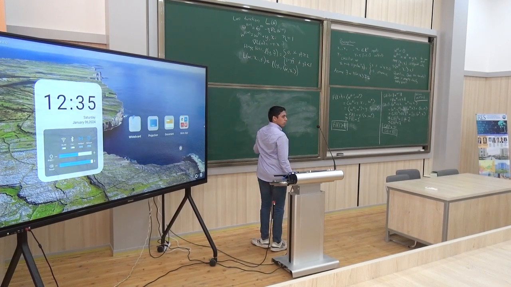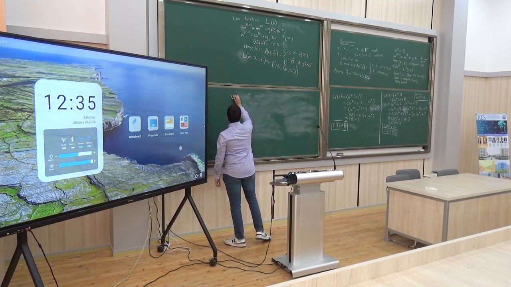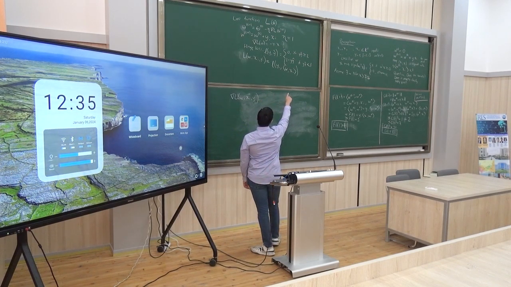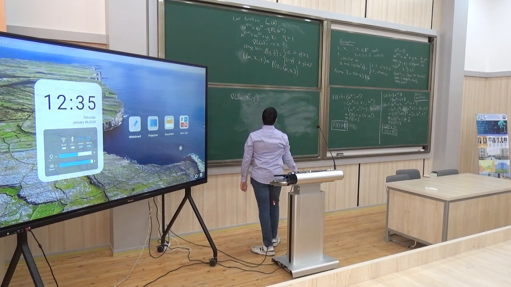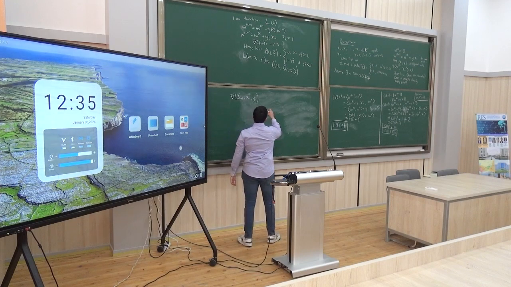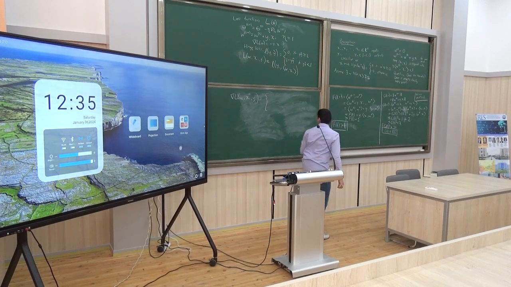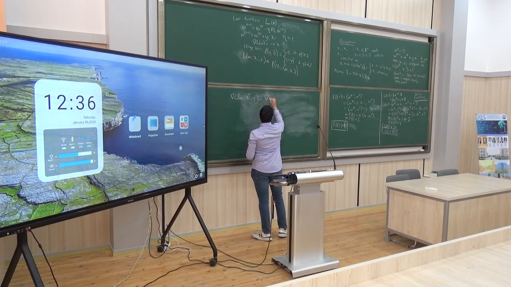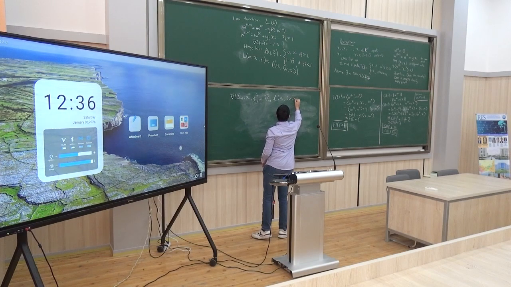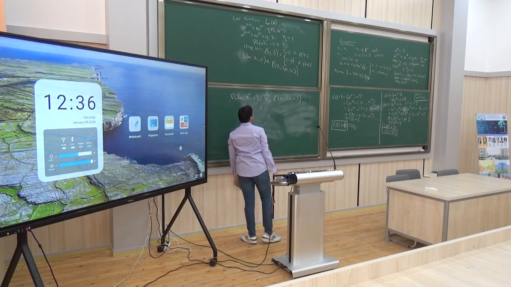So let's compute the gradient of this with respect to W. We can split into cases where it's correctly classified and where it's incorrectly classified. So this is equal to the gradient with respect to W of L of W, xi, yi, and then we can use the chain rule here.